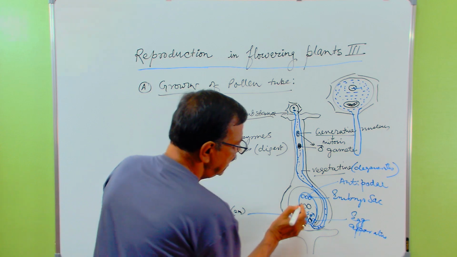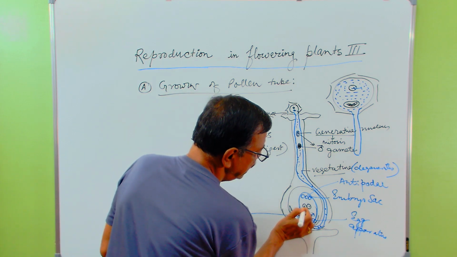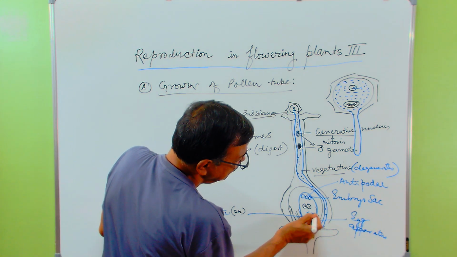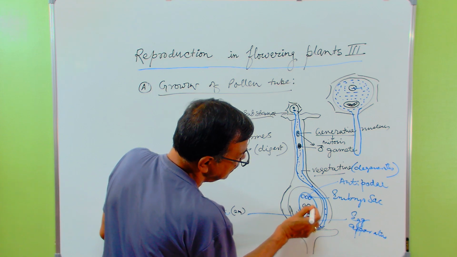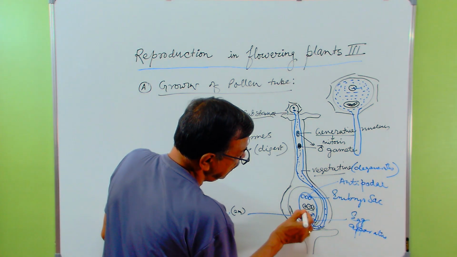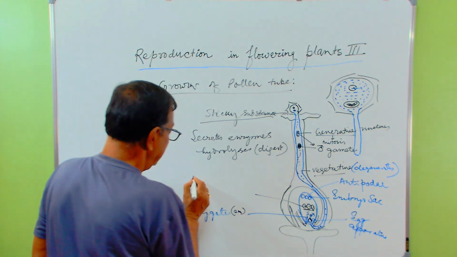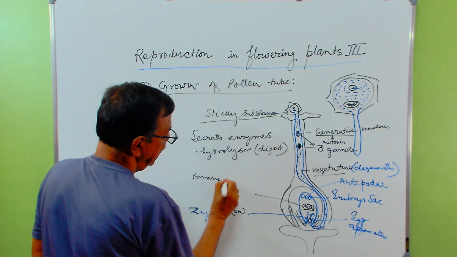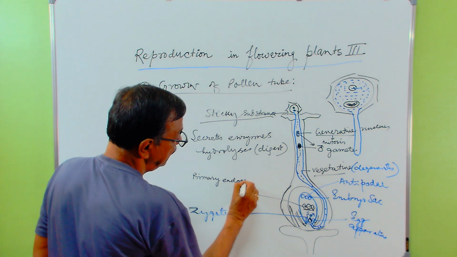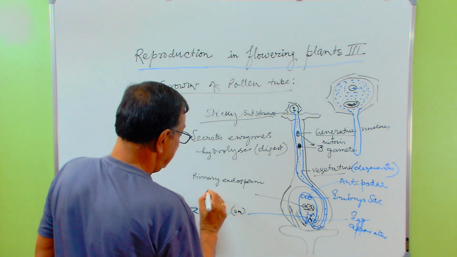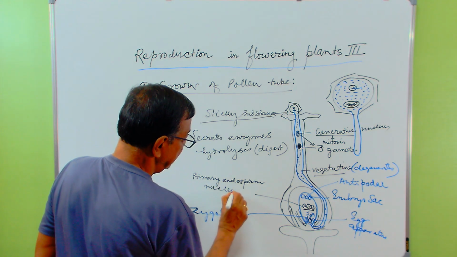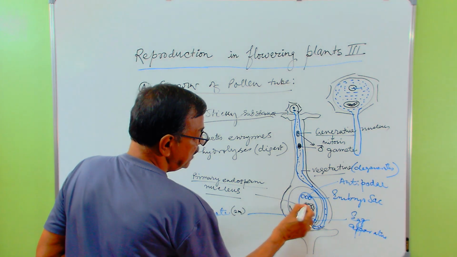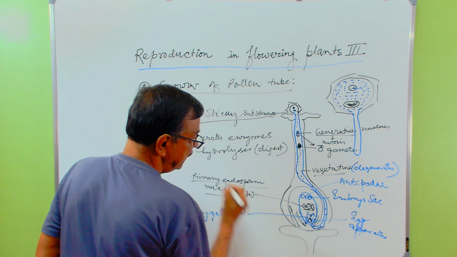If it fuses, it becomes N and N, 2N, and another male gamete fertilizes or fuses with this secondary nucleus, forming a primary endosperm nucleus, which is actually triple N, 3N.